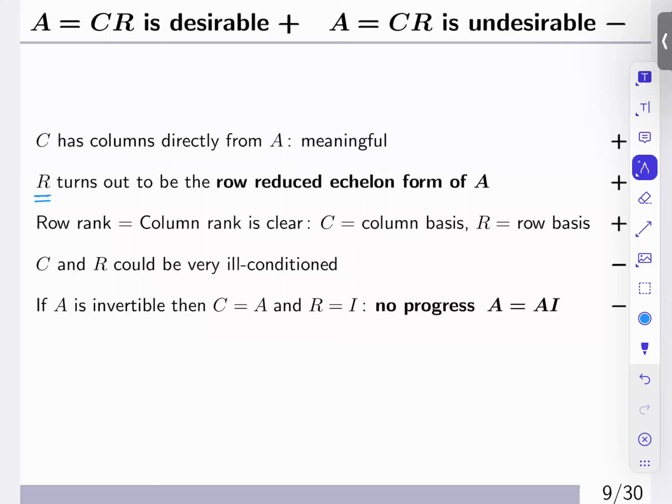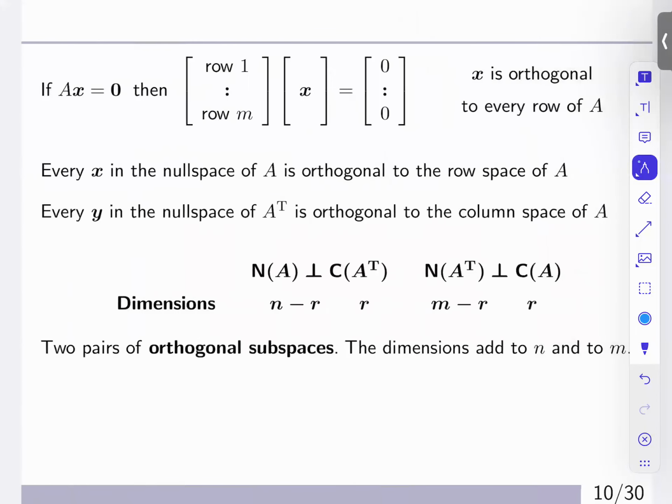But for some reason, if the matrix is ill conditioned, what do I mean by ill conditioned? If the eigenvalues are widely spaced apart, or if the rows and columns are close to each other, so the condition number of the matrix is not good, then it's considered ill conditioned. In that case, finding the row reduced echelon form is tricky because of numerical stability.